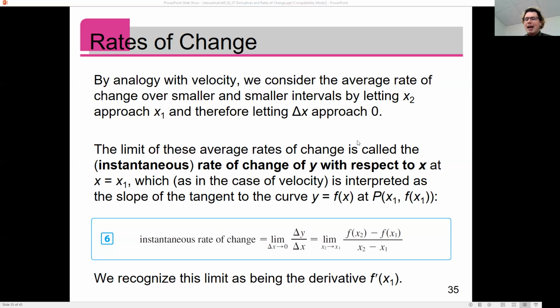Or if I'm looking at change in other quantities, we'll have other names for those things. How much is my bank account changing over time? How much is the energy in a chemical system changing over time? Well, with the tool of a derivative, we can calculate that with derivatives and with limits.